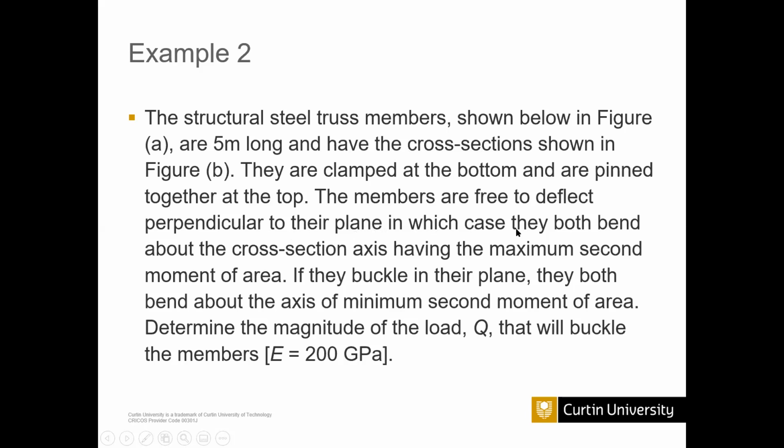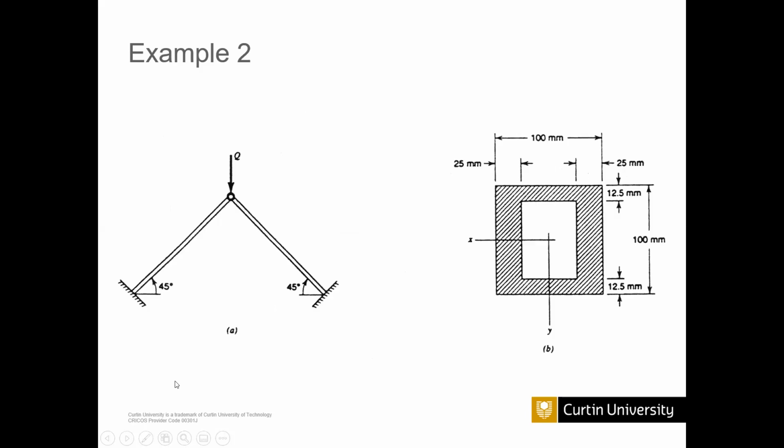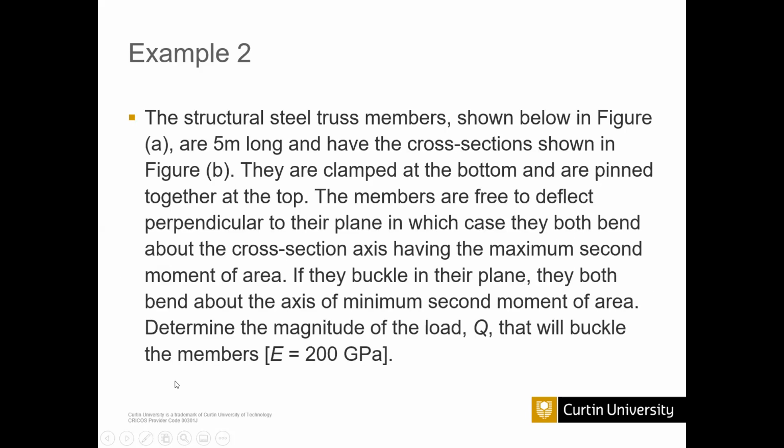In which case they both bend about the cross section axis having the maximum second moment of area. If they buckle in their plane, they both bend about the axis of minimum second moment of area. Determine the magnitude of the load Q that will buckle the members. This is the thing explained here.